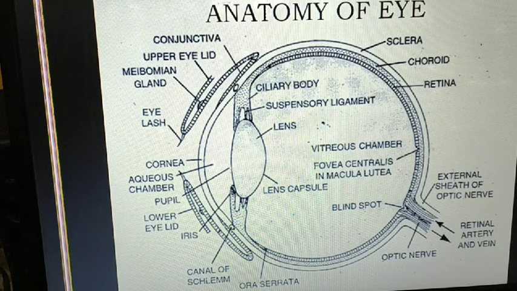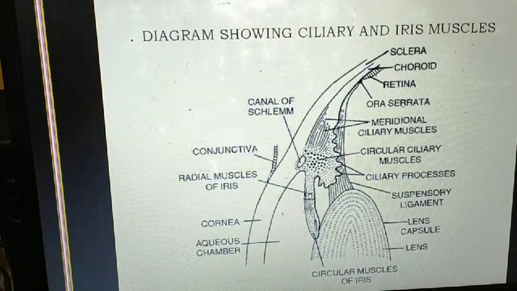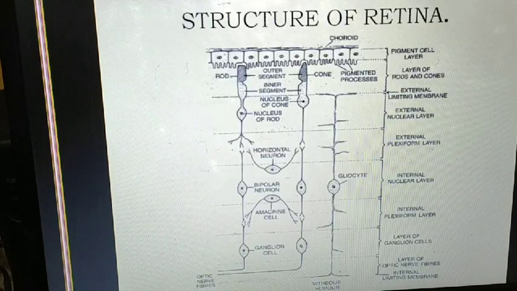The retina consists of many layers: layer of pigment cells, layer of rods and cones, external nuclear layer and external plexiform layer, internal nuclear layer, internal plexiform layer, layer of ganglion cells and layer of optic nerve fibers.